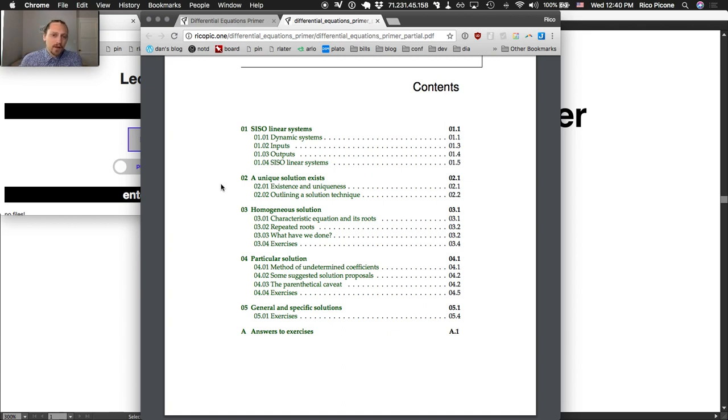First, finding a homogeneous solution, also known as a complementary solution, then finding the particular solution using the method of undetermined coefficients, and finally finding the general solution by summing those, and the specific solution by applying initial conditions.